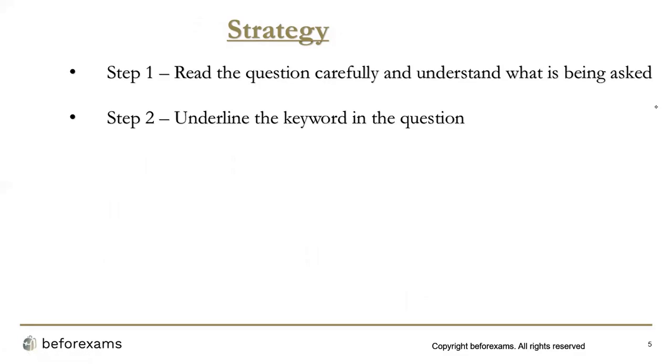You already know what keywords are. That could be a noun, adjective, verb, a number, a name of a person. So underline that keyword because that keyword will help you to find the answer. When you find that keyword in the passage or a synonym of that keyword, you will know that the answer could be around this keyword itself, and then you will be able to find the answer from the passage.